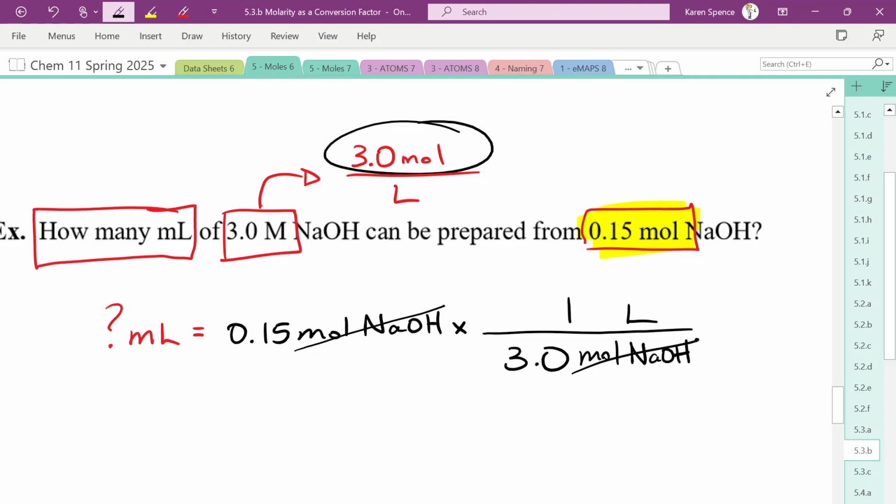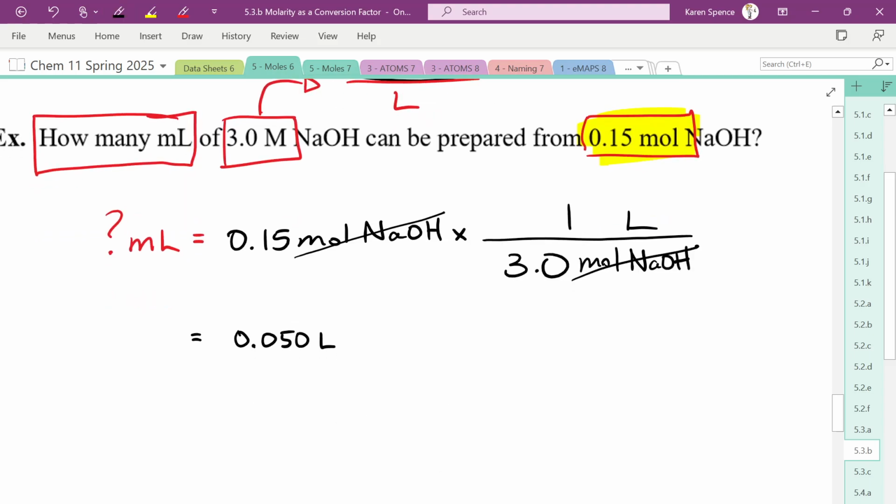And we get 0.15 divided by 3 equals, so you can do this one of 2 ways. You could either stop right here and say that is equal to 0.050 liters. And if you wanted to convert that to milliliters, you would need to move your decimal place 3 places to the right.